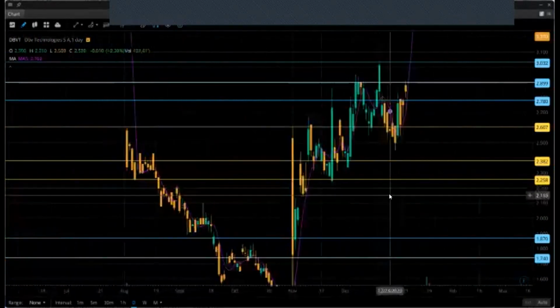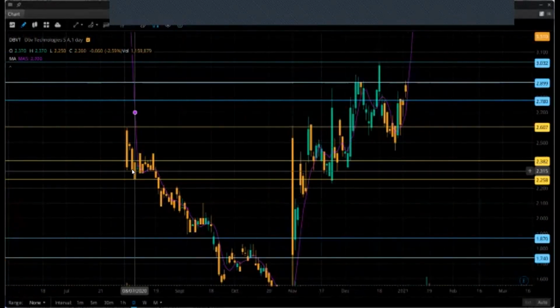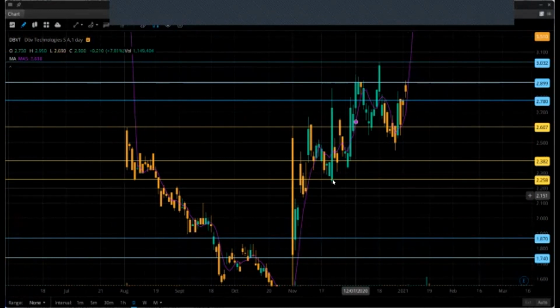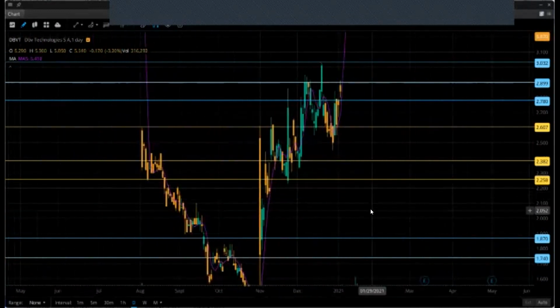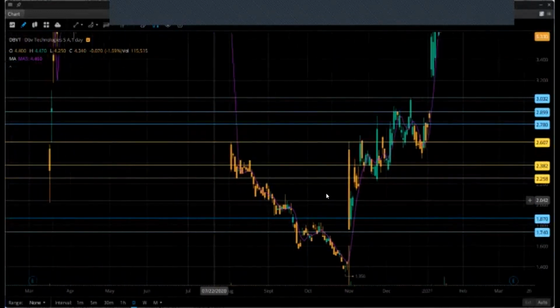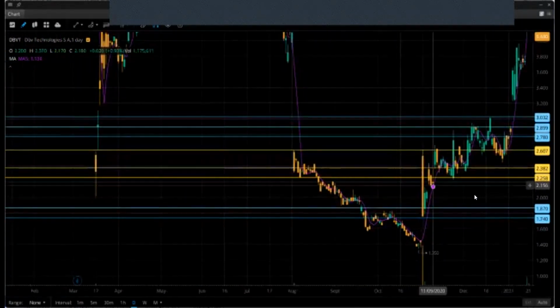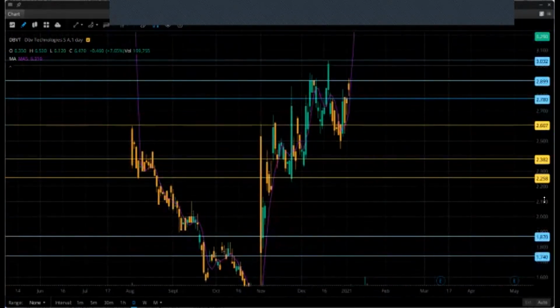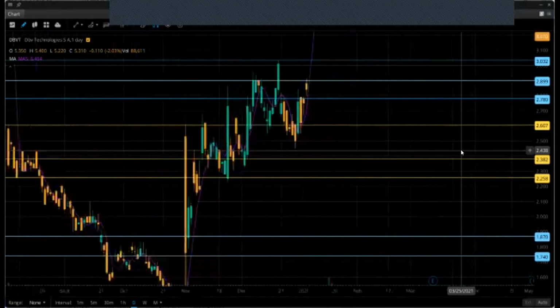Historical moments of consolidation, support and resistance, and the more touches on either side of that line, the better the trade's going to be, the better the line. You can go back in history as far as you want for this, but the further back you go, the stronger the level's going to be.